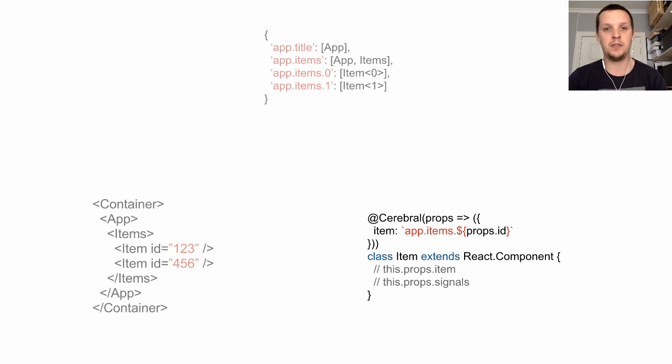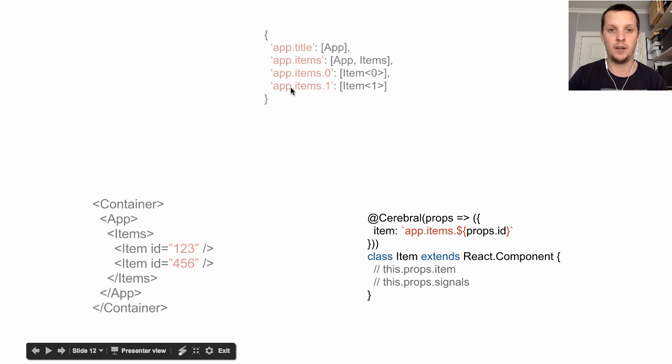So whenever there's a change specifically on items with the index 0, the only components that will update are the items, because there has been a change within items, so items has to update, but only the component interested in items.0 or the index 0 will also update.